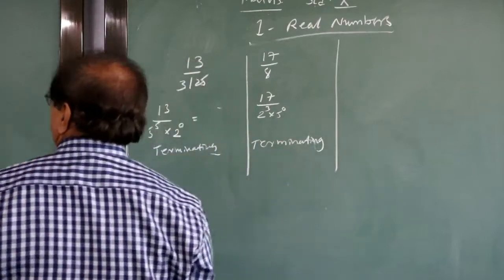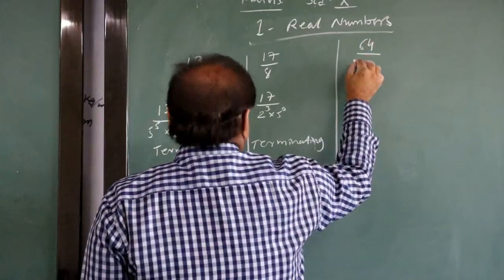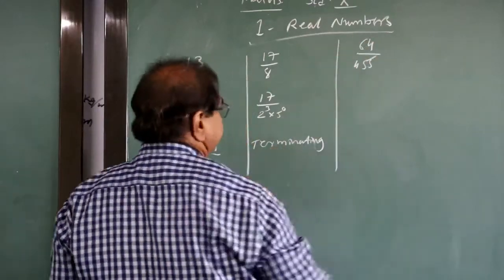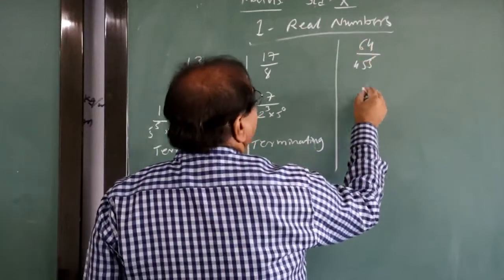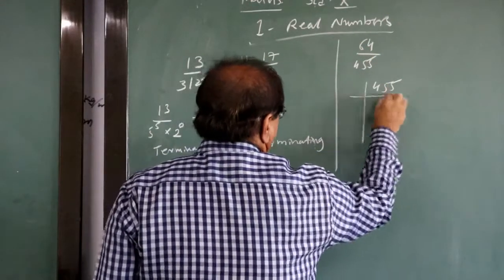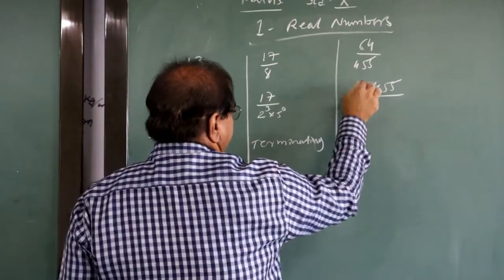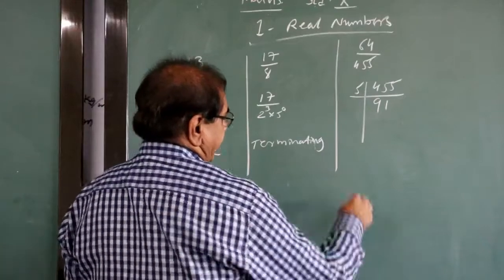Take one more, 64 upon 455. Now we check 455, factorize it. Factorization, I start with 5. 9 5s are 45, 5 1s are 5.